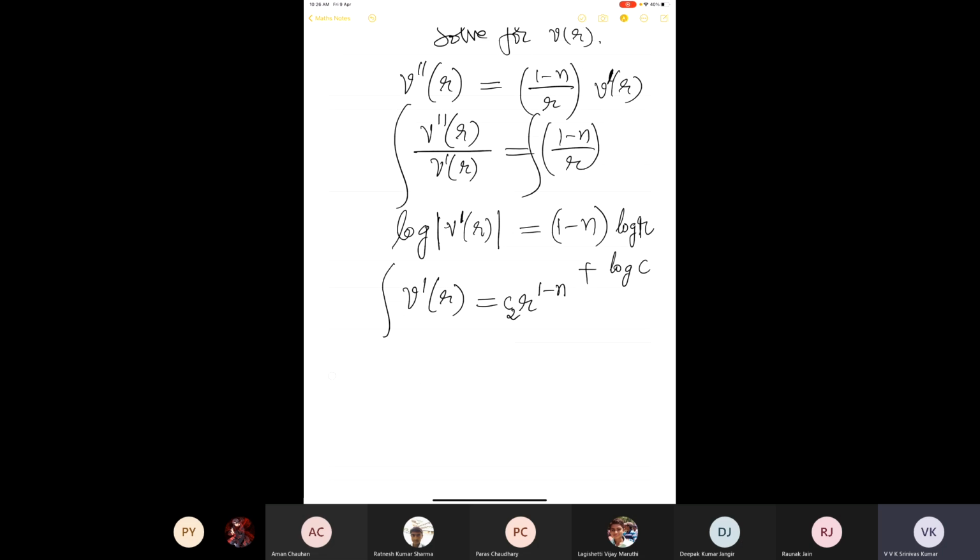Okay, now integrate again. V of r is equal to c2 r power 1 minus n plus 1, sorry. This is equal to c1 plus c2 upon 2 minus n.